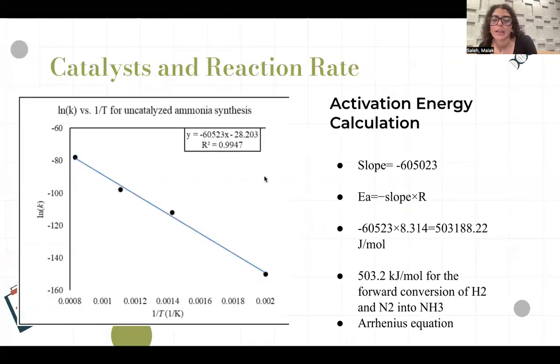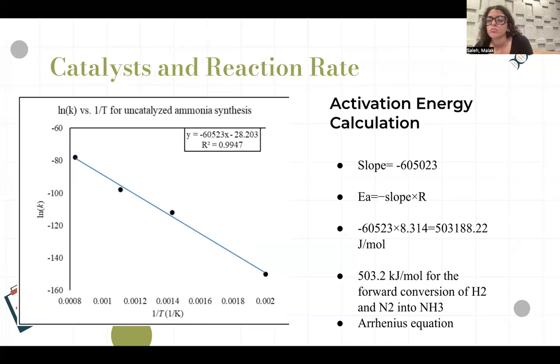This is the graph we were given, and it shows the equation. We use the Arrhenius equation for this. The activation energy is what we're finding, and it's going to tell us how much energy is required to start the reaction.